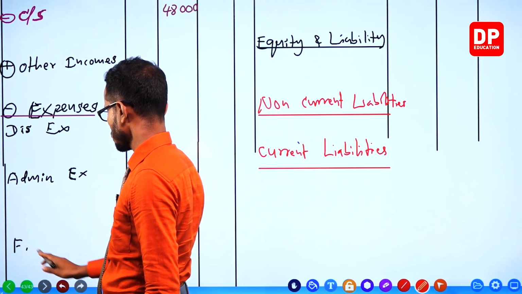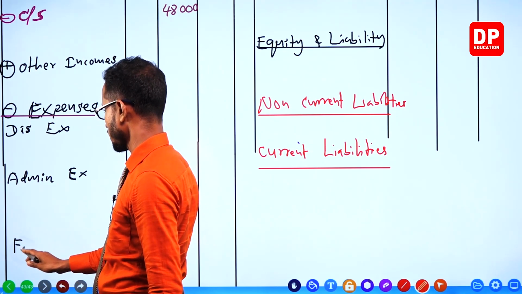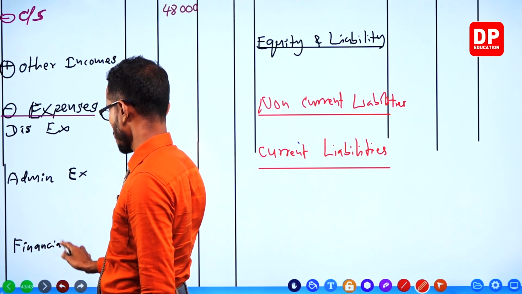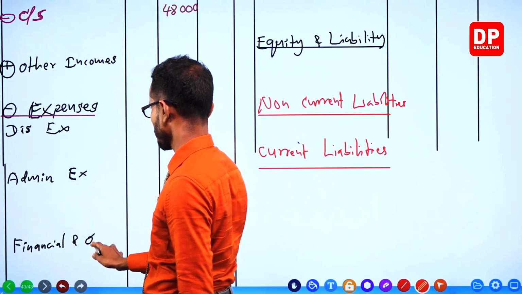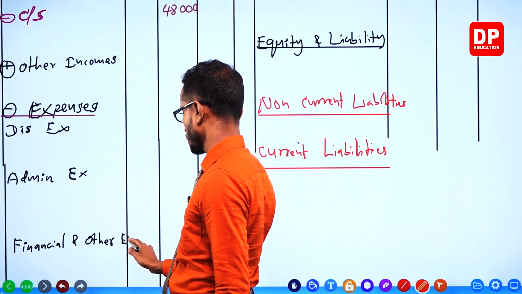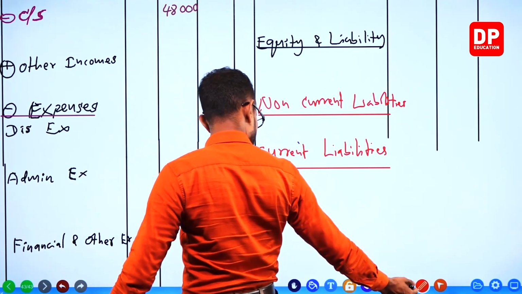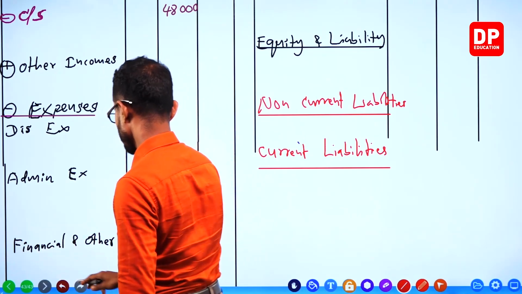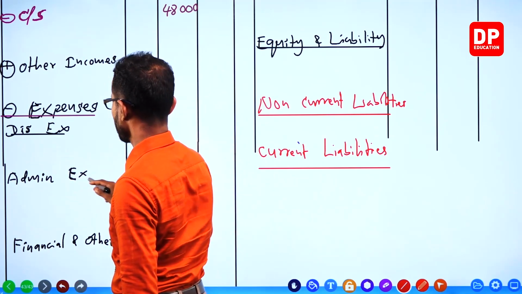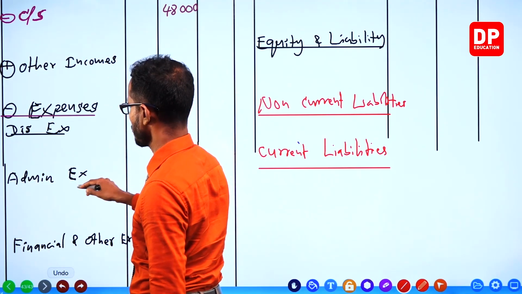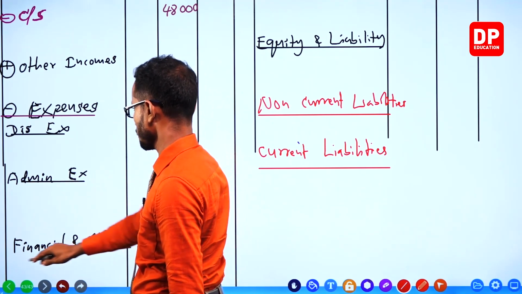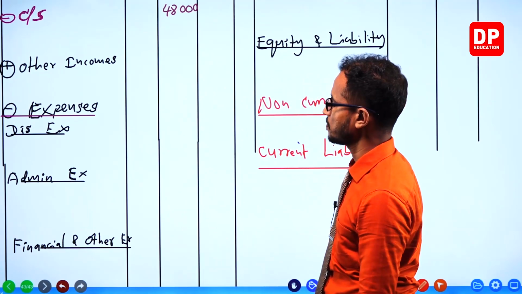Financial expenses and other expenses together, because of the space problem. So: admin expenses, and financial and other expenses.